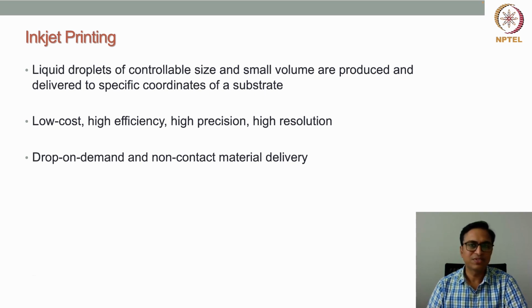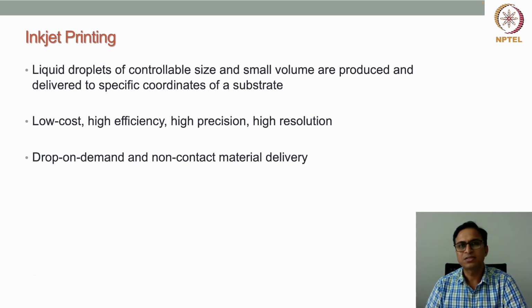So this is a very efficient, very high throughput technology, and it's highly precise because droplets of controllable, repeatable, reproducible size can be easily produced with this technology. Various types of biomaterials or pharmaceutical formulations can be used for generating droplets so that we can use them for our printing purposes.